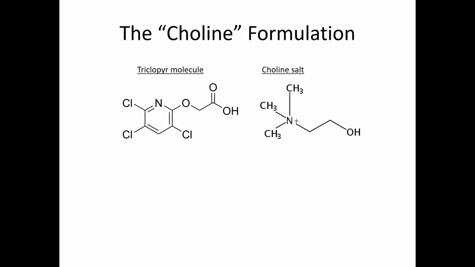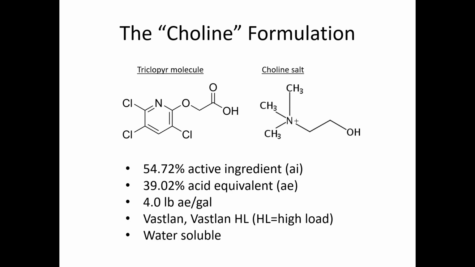Number 3, the choline formulation. So how many folks knew there was a choline formulation of Triclopyr out there? So again, here we have our base Triclopyr molecule, in this case formulated as a choline salt. This is a much more recent introduction to the market over the last few years. And basically, it's coming out from the same company that introduced Garlon 3A, and so when Dow, which became Corteva, did this, they saw some value and benefit to a new formulation, and so they introduced this choline salt.